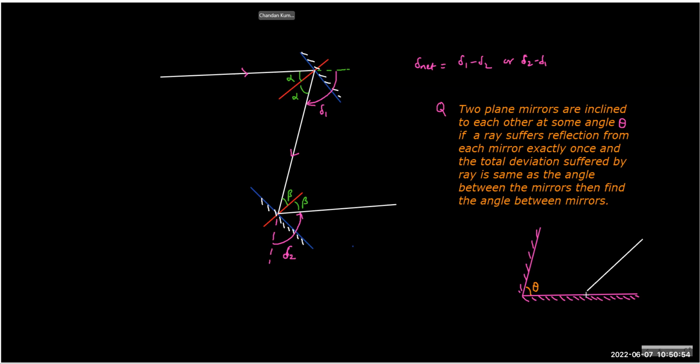A light ray is coming in such a way that it only suffers one reflection from each, something like this, some random one. You can choose whatever you want. And the total deviation matches theta. So for what angle theta is it possible? Try this.